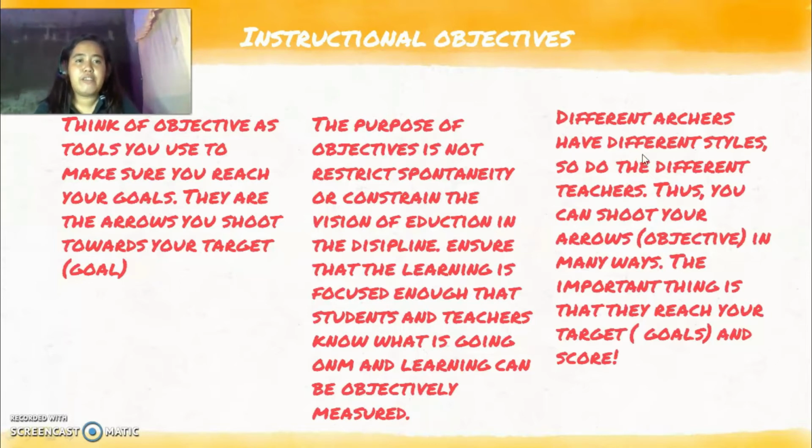Different archers have different styles, and so do different teachers. Thus, you can shoot your arrows or objectives in many ways. The important thing is that they reach the target. So, think of objectives as your bow and arrow.